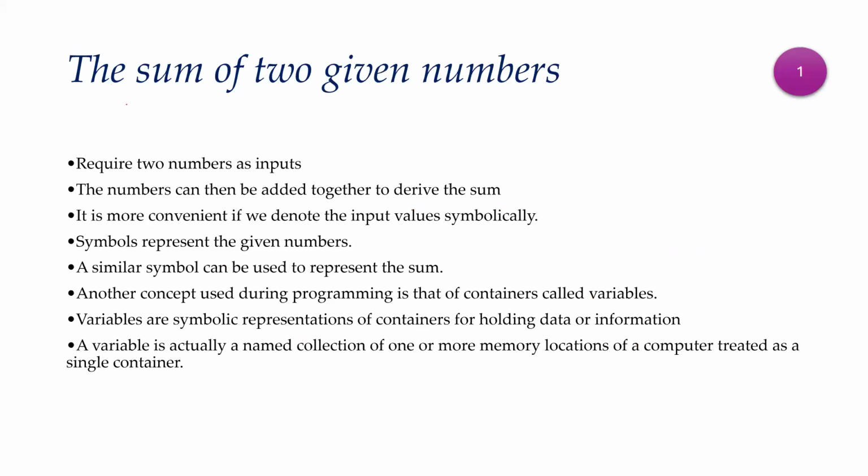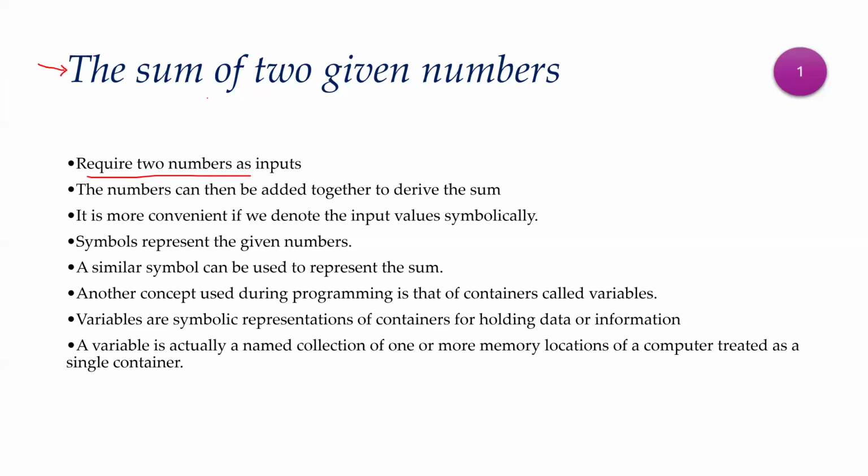And let's try to understand this first question's solution. Require two numbers. Why? Because we want to find the sum of two given numbers. So the initial input values must be two positive integer numbers.